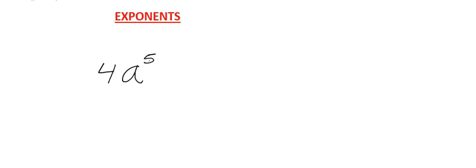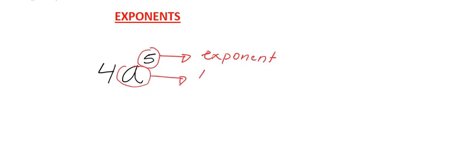We want to know what each part is called: 5, a, and 4. You need to notice that the 5 here is called the exponent. The a here is called the base.